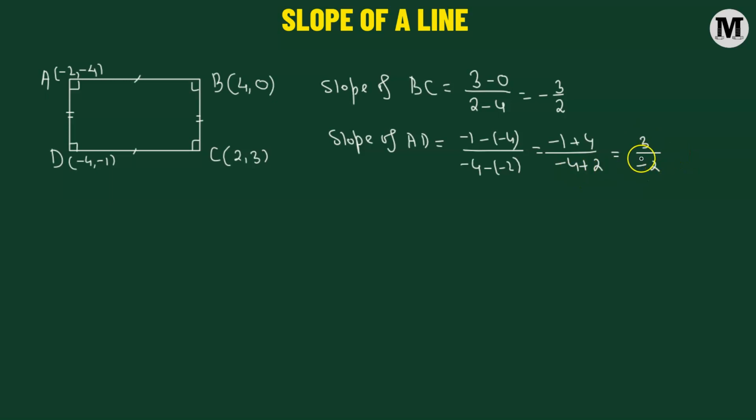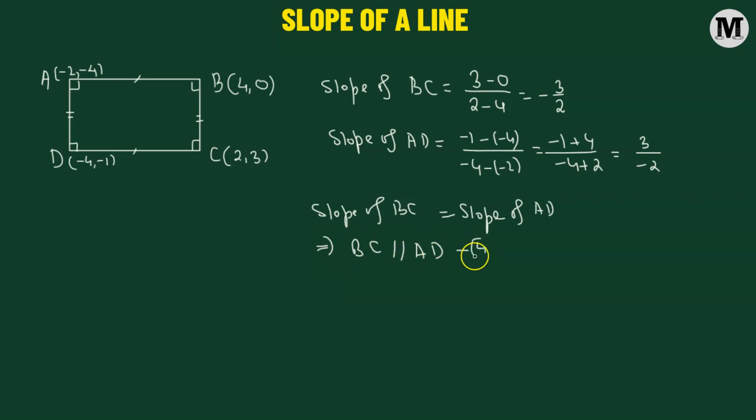Or simply, we can say it's negative 3 over 2. So this also tells us that the slope of side BC equals the slope of AD. And this only means that BC is parallel to side AD. So let this be number 4.